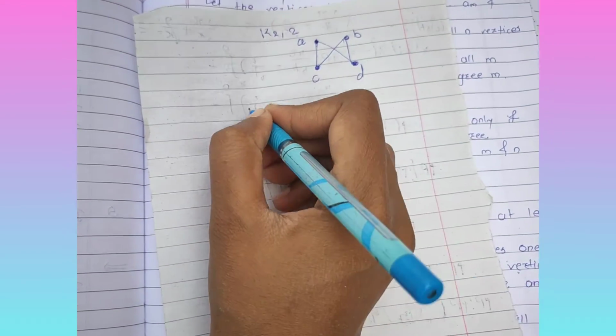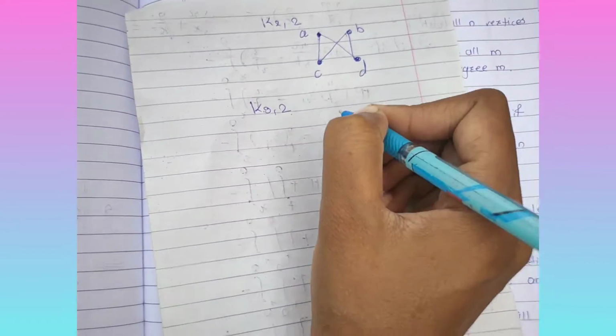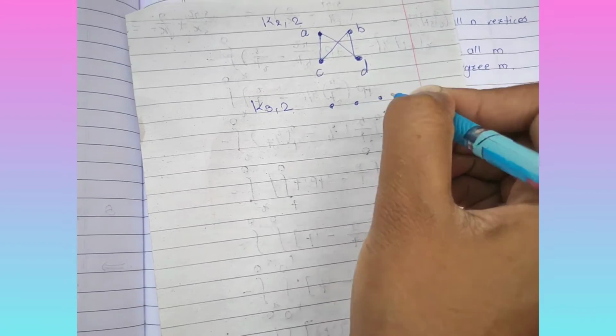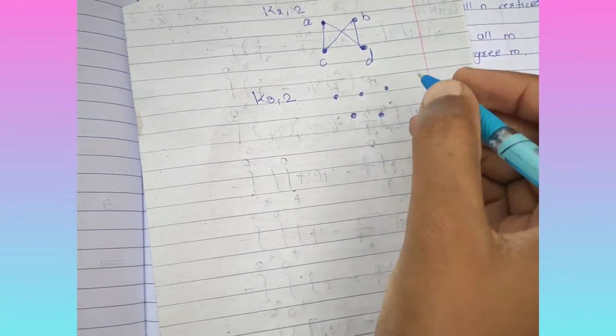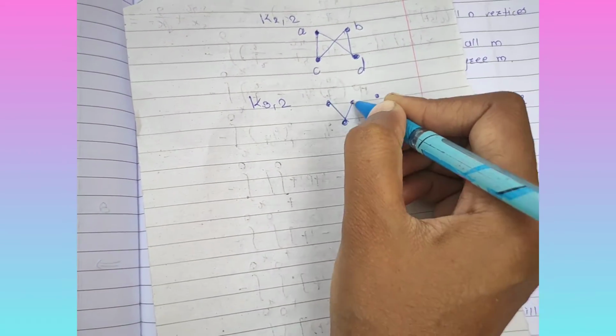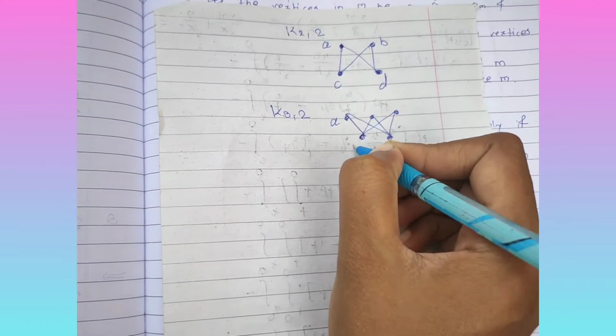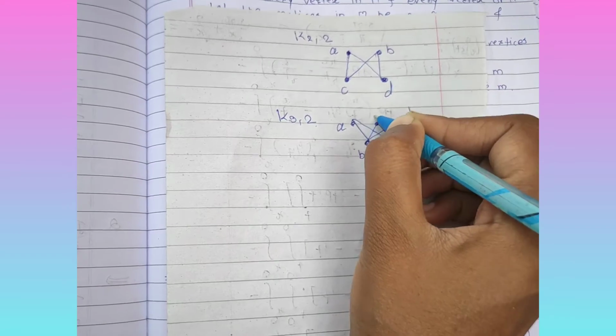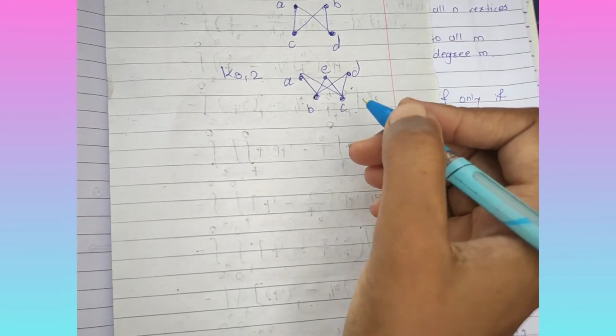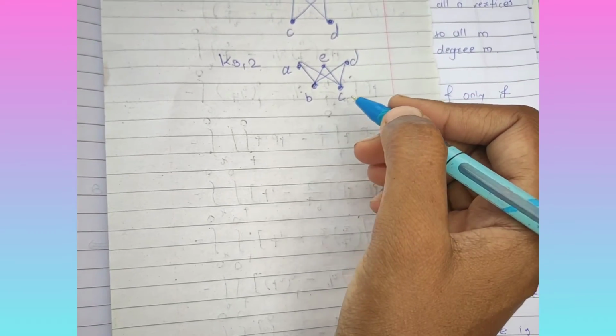If we take one odd and one even, means these are our three vertices and this is our two vertices, and the complete bipartite graph on these vertices. So for an Eulerian graph, we'll find the Eulerian closed circuit here.